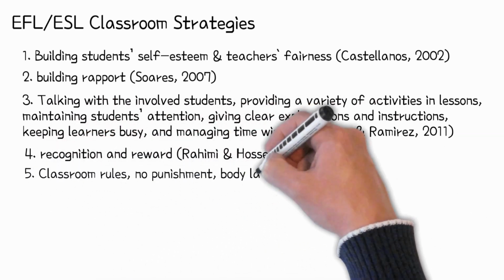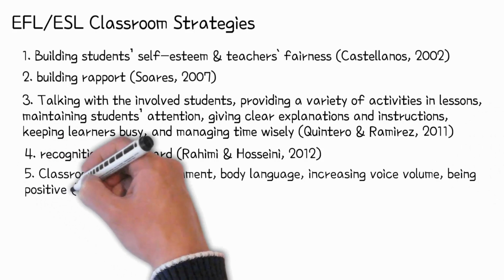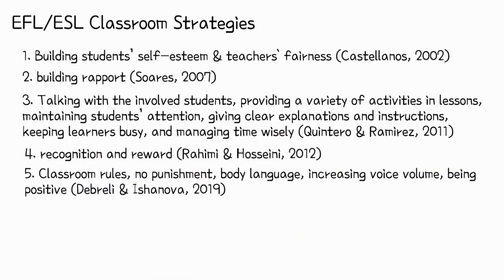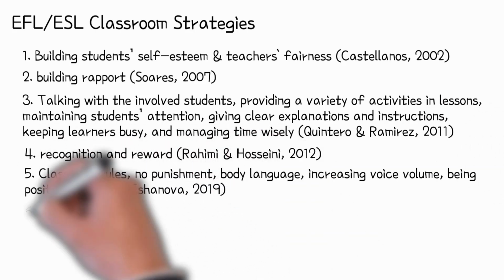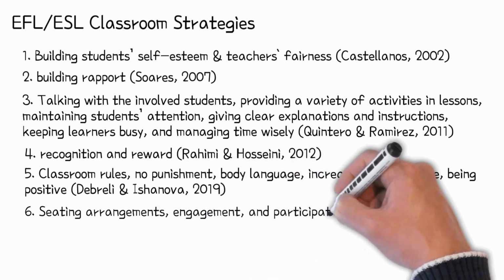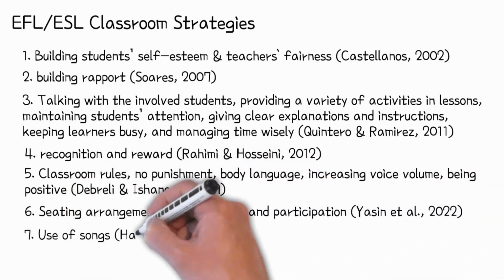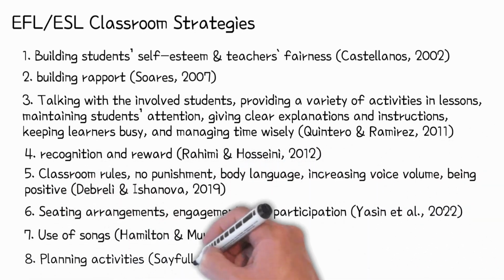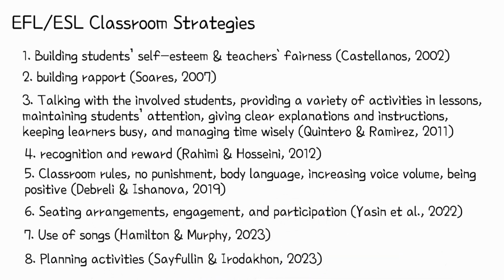Recognition and reward system. Use of classroom rules, no punishment, body language, increasing voice volume, being positive, seating arrangements, engagement and participation, using songs, and planning the activities well. These strategies are not exhaustive. You can check the details of each strategy. Kindly check the reference section.